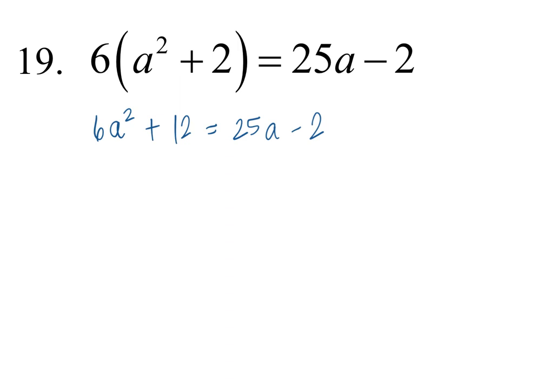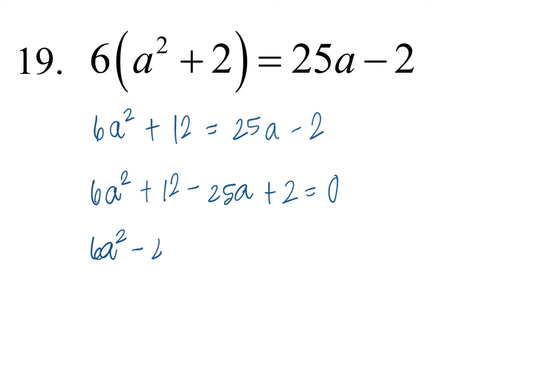I'm going to move that right side over and say 6a squared plus 12 minus 25a plus 2 equals 0. Combine your like terms. So 12 and 2 is 14.